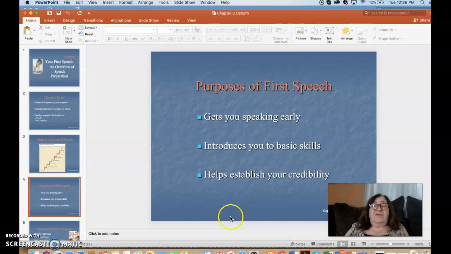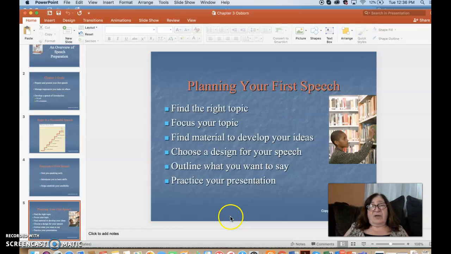The purpose of our first speech will be to get started with speeches, because this is a practical course, introducing us to the basic skills and establishing your credibility. So, how do we plan our first speech? There will be a detailed assignment sheet for the first speech, which is coming up.